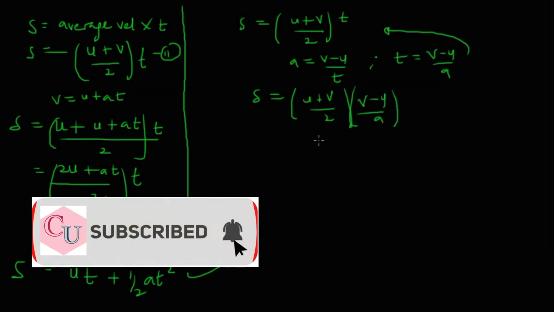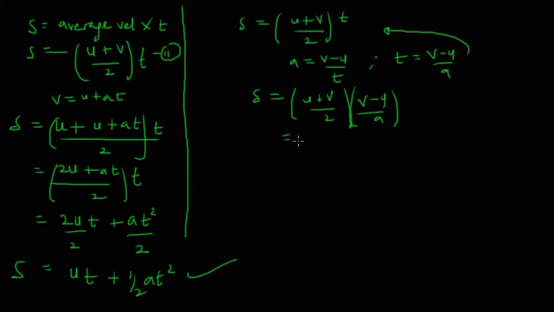By expansion of brackets we arrive at (u plus v) times (v minus u) upon 2a. Notice that this is the difference of two squares, and if you expand the bracket, that will be (v squared minus u squared) upon 2a, which is equal to s.